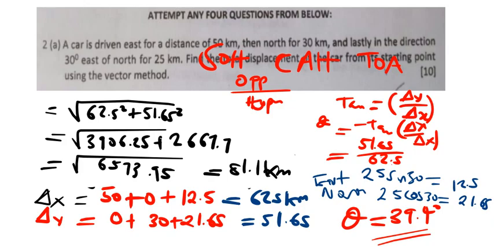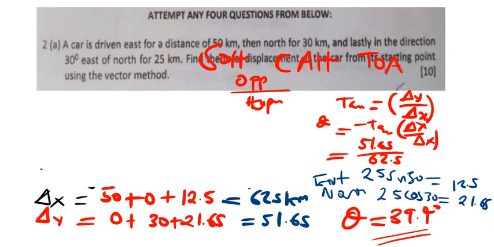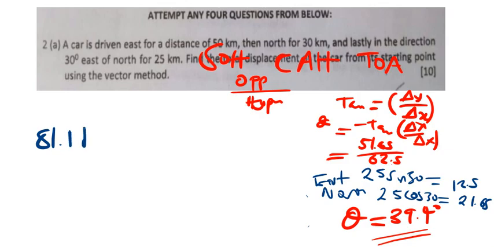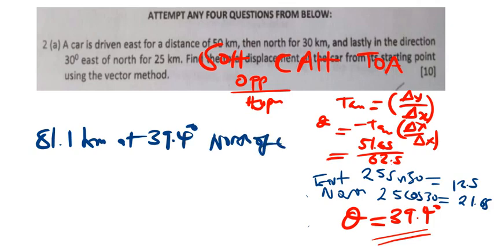Therefore, the way we're going to write the final answer, because you know that these are vectors, forces are vectors. In this case, it will be 81.1 kilometers at 39.4 degrees north of east.